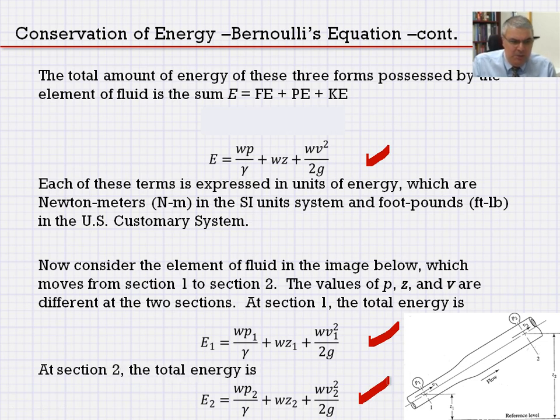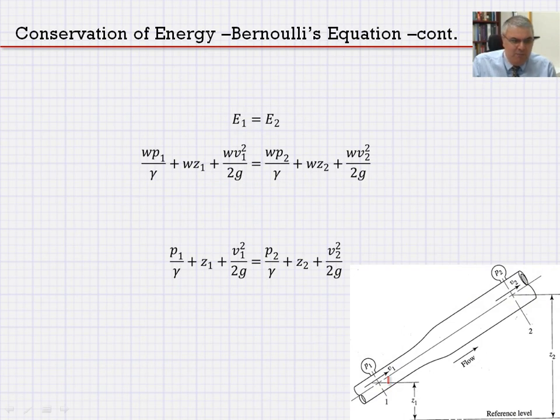So what we are trying to do is see how much this energy would be different. We're equating E1 to E2 because actually there is no difference in the energy. We already discussed, according to the principle of conservation of energy, that energy can be transformed from one form to another, but it can never be destroyed or created.